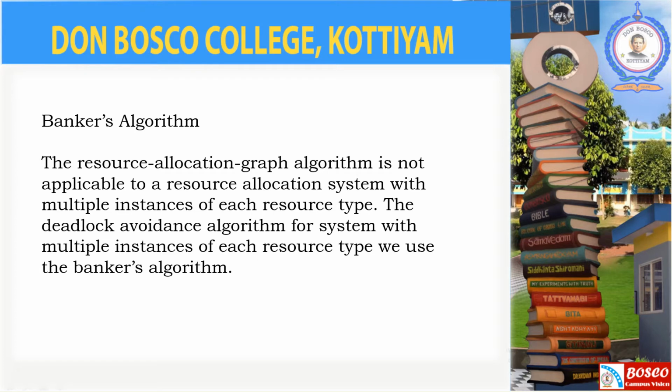In Banker's algorithm, there are two algorithms, that is the safety algorithm and the resource request algorithm. Before discussing the safety algorithm and resource request algorithm, we will discuss the data structures needed for Banker's algorithm.